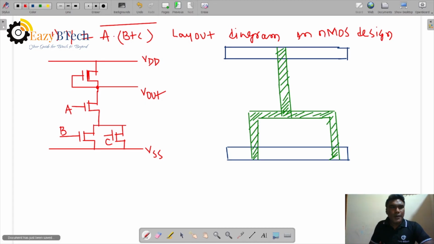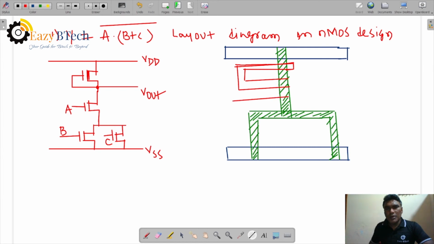We take polysilicon for the depletion. This is the depletion layer, depletion polysilicon. You can mention this one as the short-circuited polysilicon, and here also one polysilicon is there.